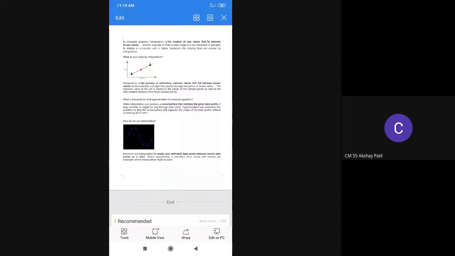So how do we use that particular interpolation technique? When we use interpolation, we can produce certain points, or find data points that lie in between the sample points, and we can represent the curve. These points are considered with the help of some function or parametric function.